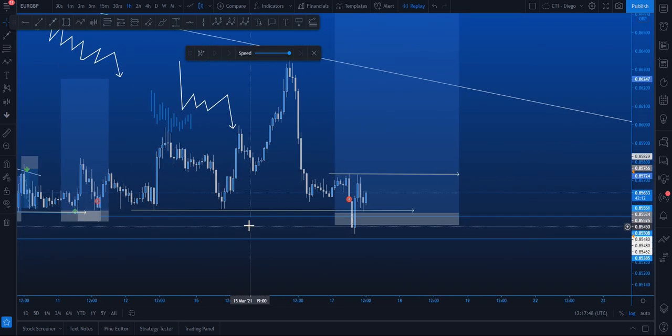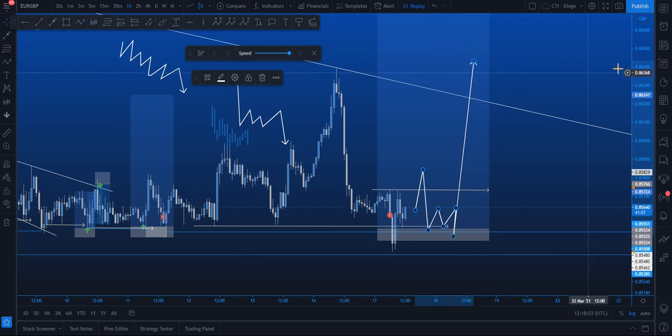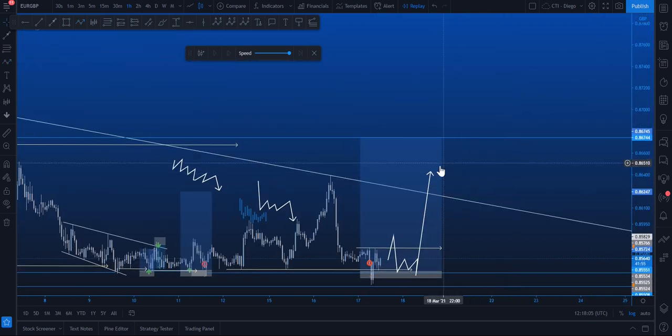So right now on Euro Pound, I'm expecting a break of structure, a retest, look for some equal lows. Once I see some equal lows, look for some liquidity to the left, and then I can look to get involved on the long-term position on Euro Pound.